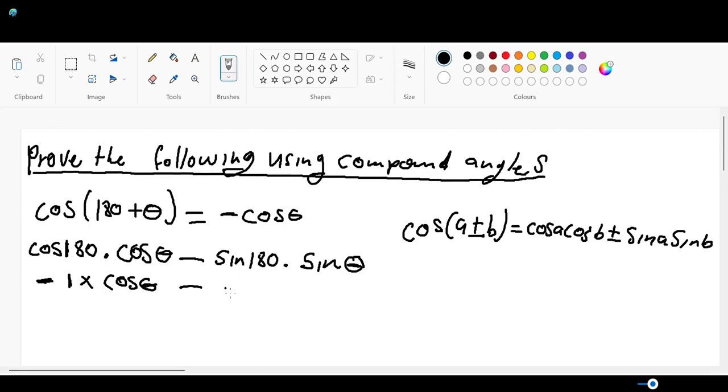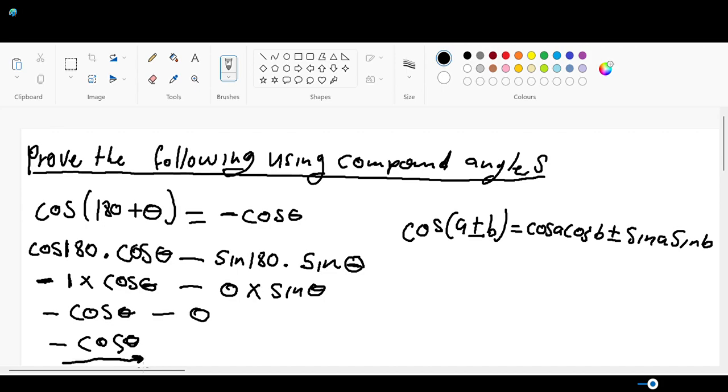Now, what is sine 180? Sine 180 gives you 0, multiplied by sine theta. So this is minus 1 multiplied by cos theta, and then minus everything multiplied by 0 is 0. So we see that our answer is negative cos theta. There we go, that is our answer.